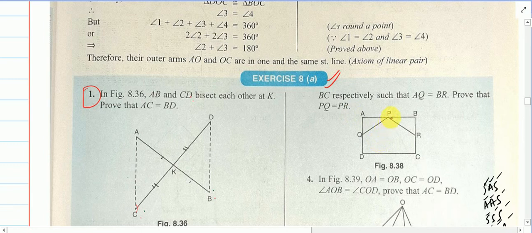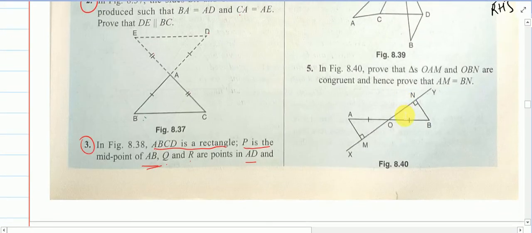So we have to show that PQ is equal to PR. And what we have been given? We have been given that AQ is equal to BR. And they have also said that P is the midpoint of AB.